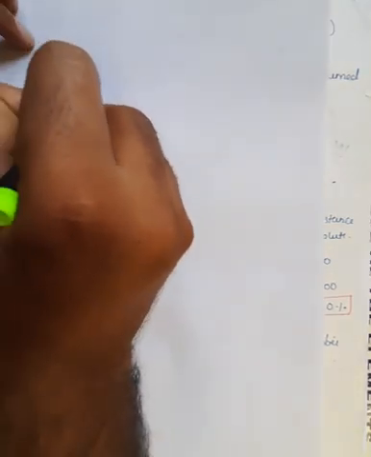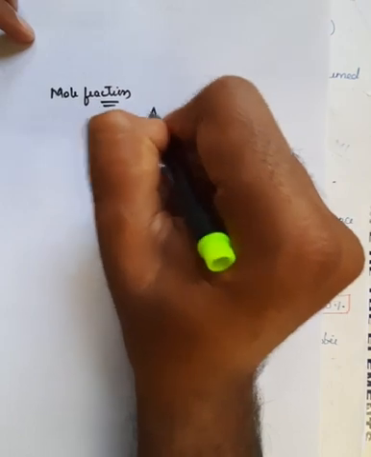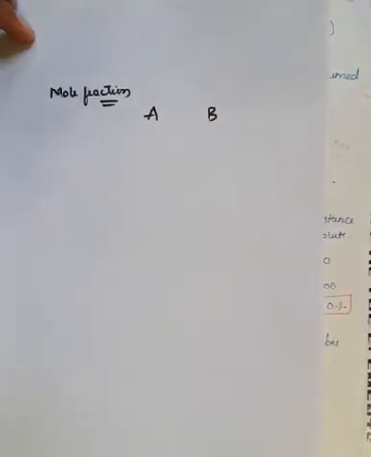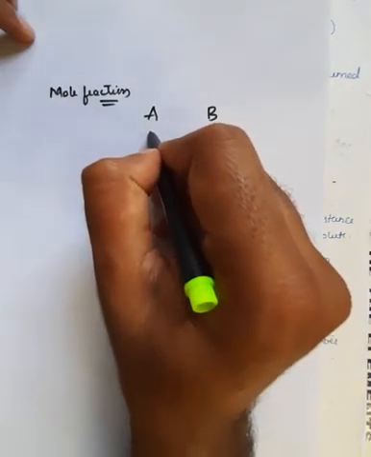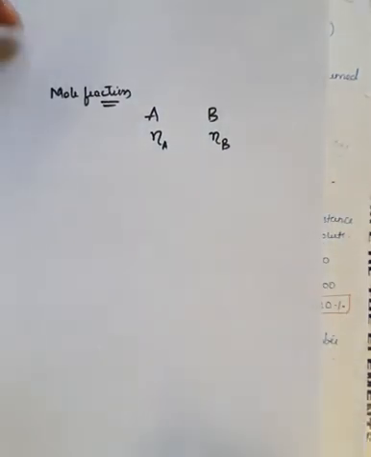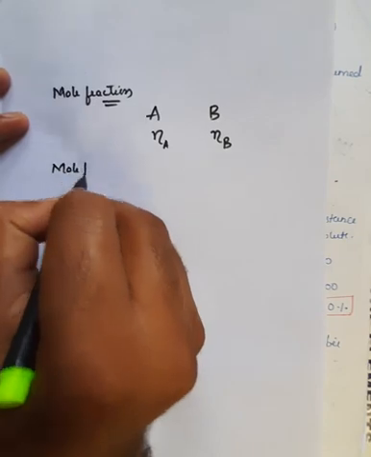If you want to calculate the mole fraction for any molecule, consider two substances A and B. A consists of Na molecules and B consists of Nb molecules.